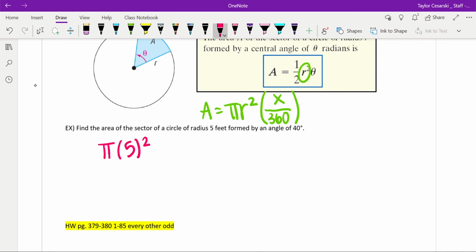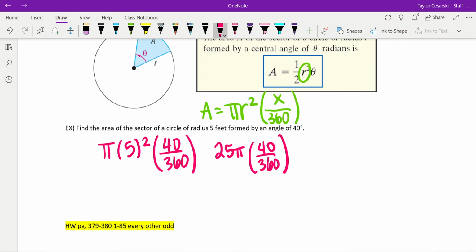So pi times 5 squared. That would be the area of the whole circle. But then I don't want the whole circle. I'm going to multiply that by 40 over 360. So 25 pi times 40 over 360. So we can cross some stuff out, and we get 25 times 4 is 100.